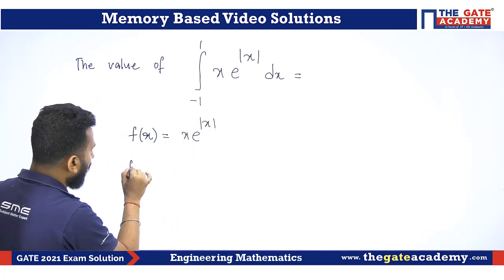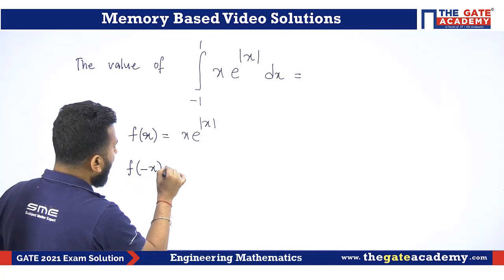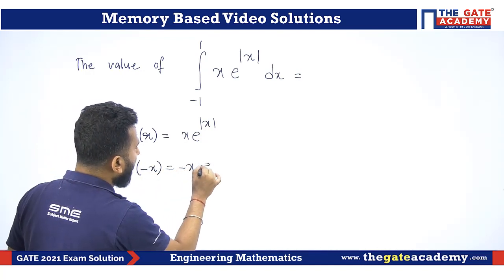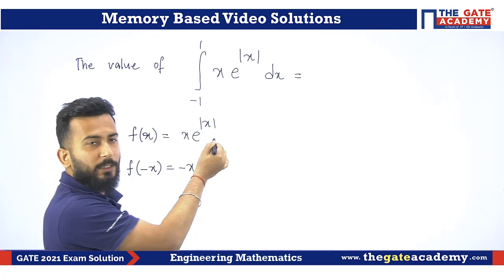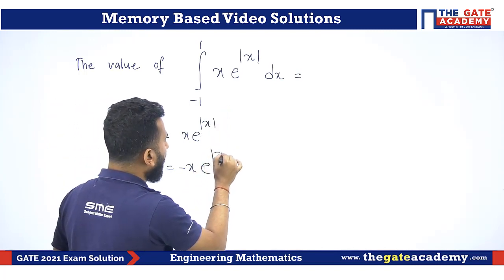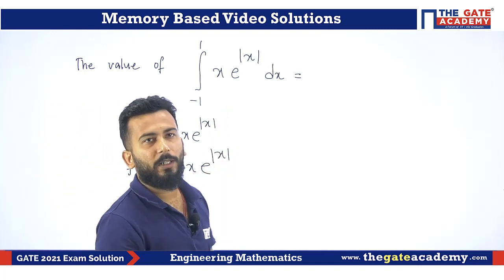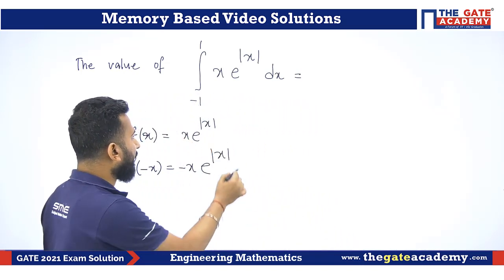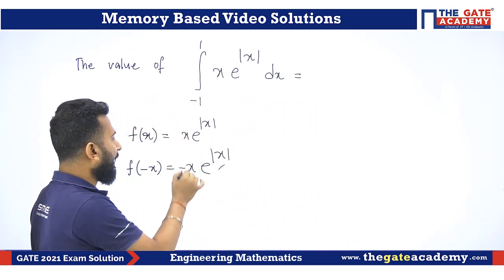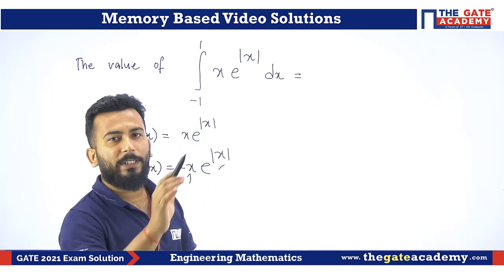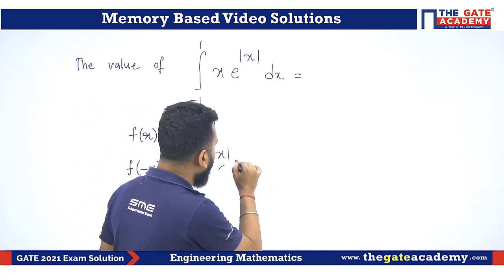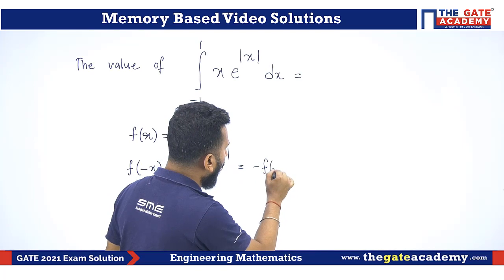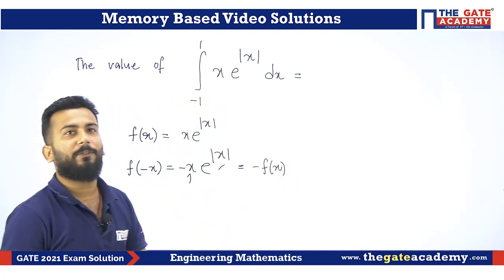If you put minus x here, it will be minus x, and e raised to mod of minus x, mod is always giving you a positive value. So it will be e to the power mod x only. So this is an even function, but this x is an odd function, so it is making the entire function odd.